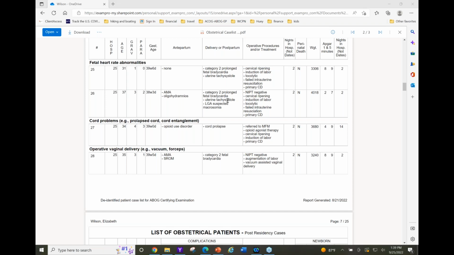It did not, in the fact that it was something that I discussed with the patient, that the baby appeared to be macrosomic with an estimated fetal weight of over 4,000 grams, but that I discussed that was not an indication for an induction, but rather it was the oligohydramnios that was noted. That was the reason for the induction before 39 weeks.